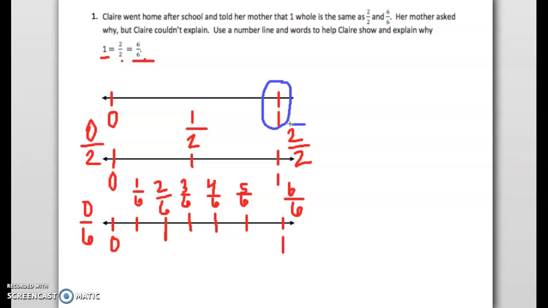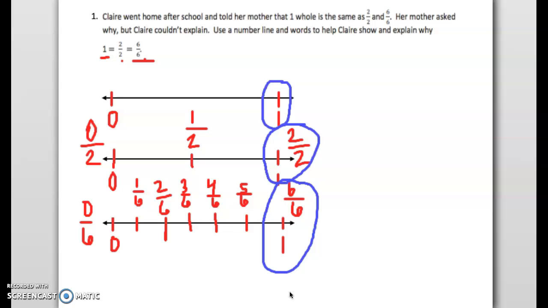We have 2 halves right here. And last but not least, 6/6 right here. Think about how we can prove that each of these are equivalent. Once you have your answer, unpause the video and we will review it together.